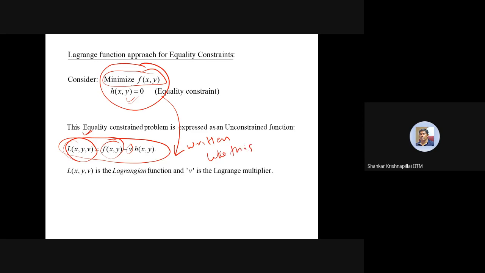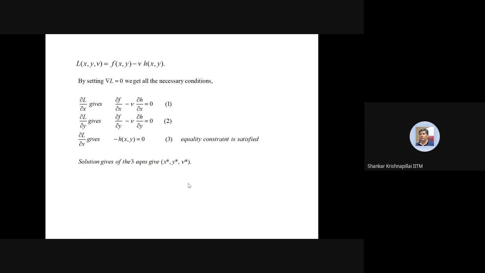What happens is that this equality constraint, which used to be a separate statement, is now inserted into the objective function. So it becomes an unconstrained function because the constraint is absorbed into the objective function. This is called the Lagrangian function, and nu is the Lagrange multiplier. Now if you do del of L is equal to 0, we get all the equations we got from the Taylor series expansion in the previous slide.